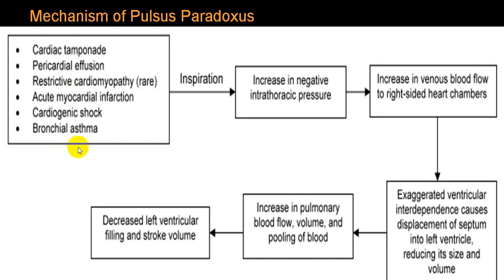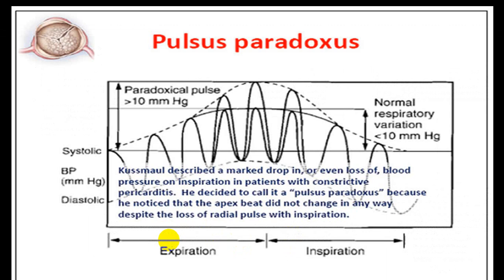In all these conditions, there will be severe decrease in the venous return to the right side of the heart, and if the right side of the heart return is less, less volume will go to the left ventricle, cardiac output will reduce, pulse volume will reduce. Very characteristic. And this is how you will see.